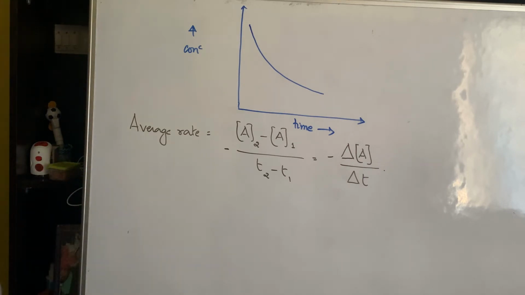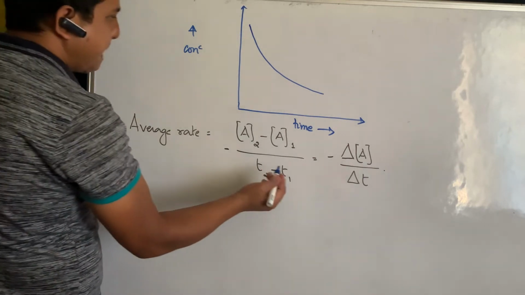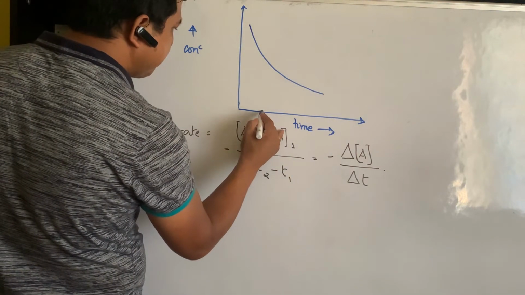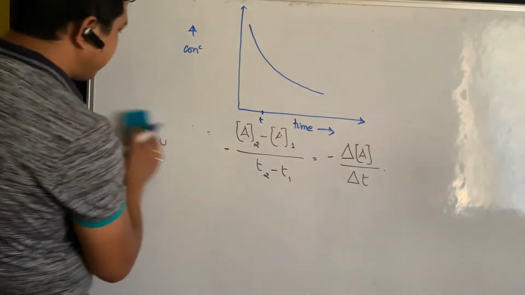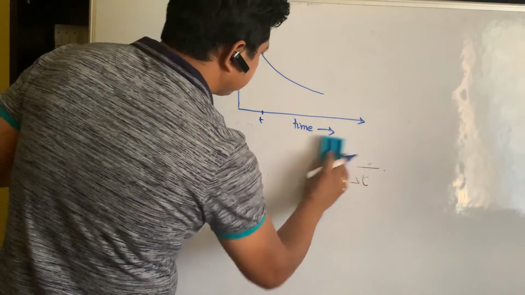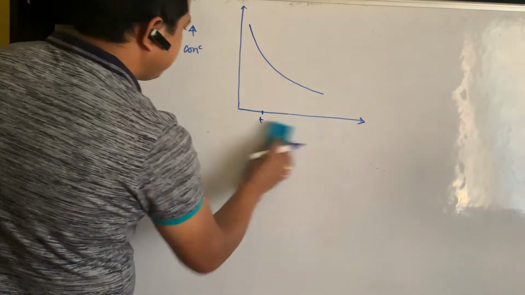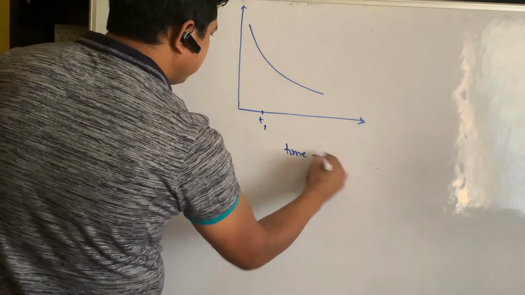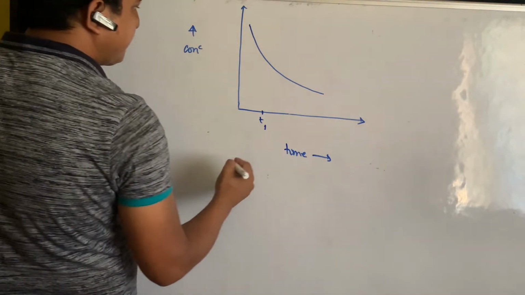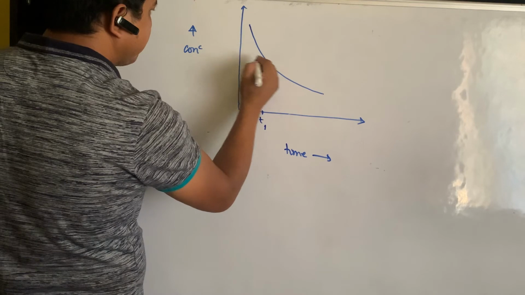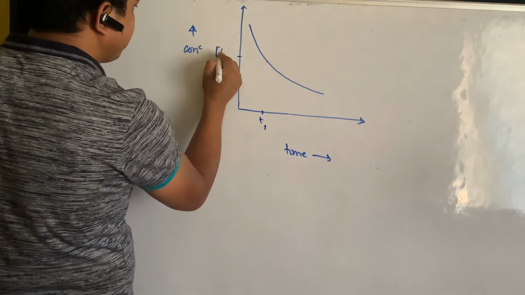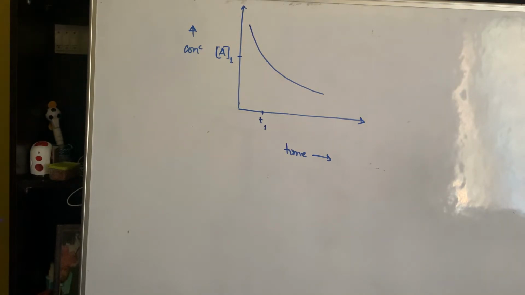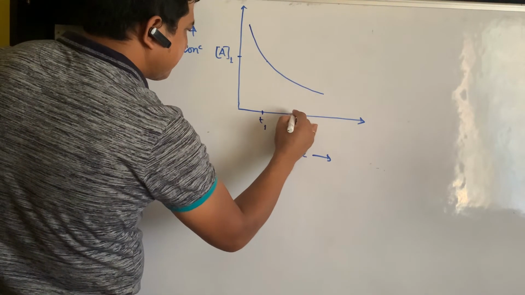Now, the initial concentration at time t1. Suppose this is time t1, and this is the time axis. The initial concentration at time t1 is equal to, say, A1. We have assumed it to be A1. And say a certain amount of time has passed, say t2.